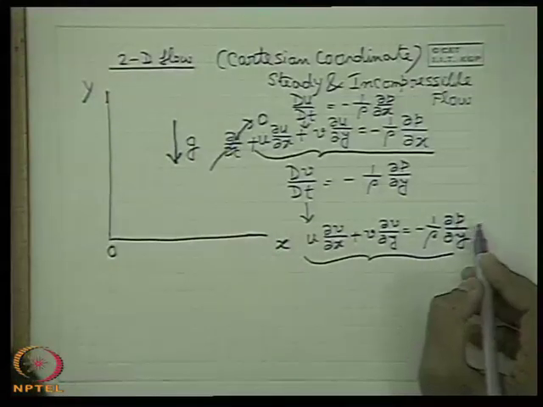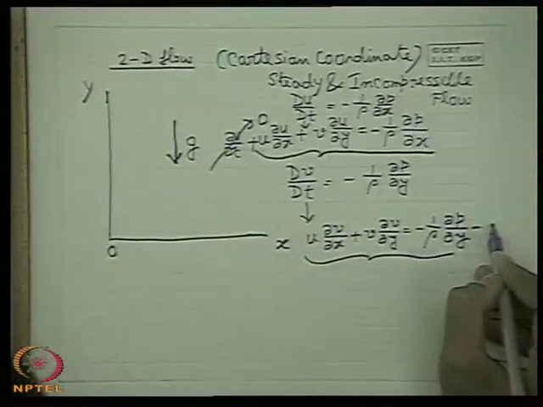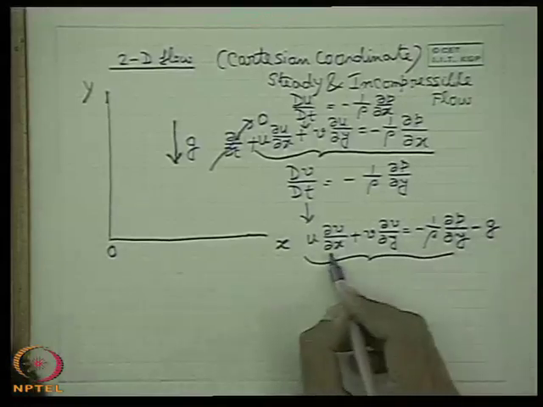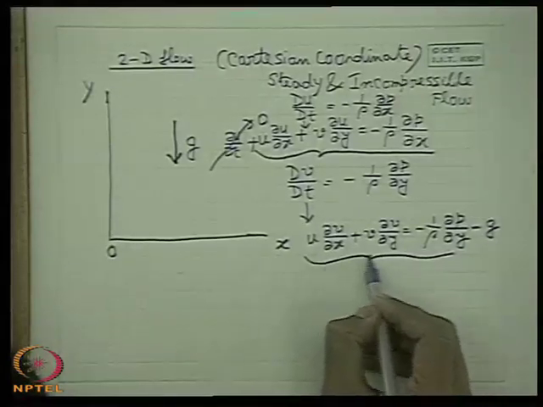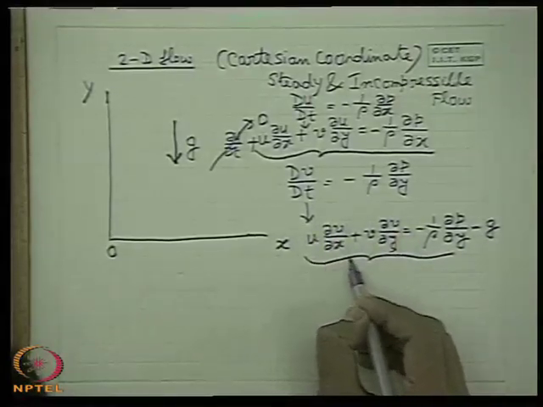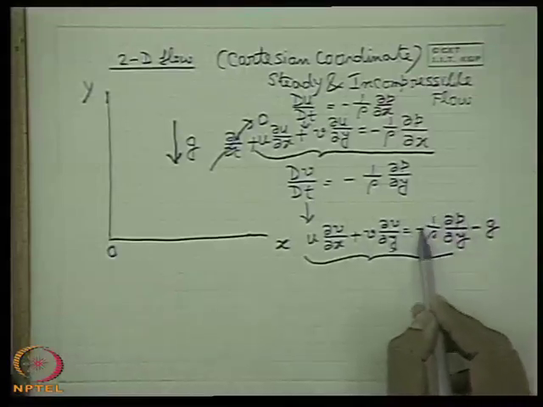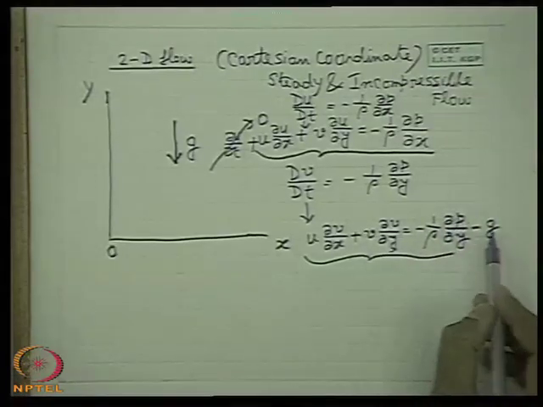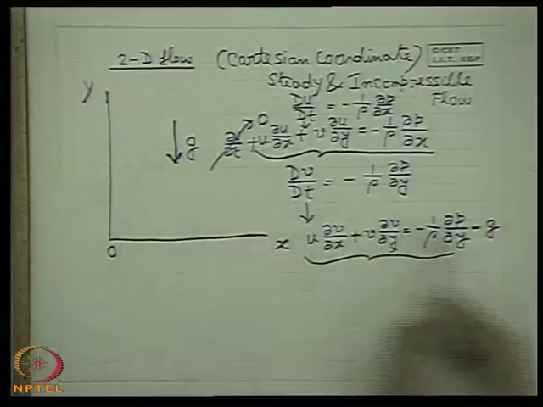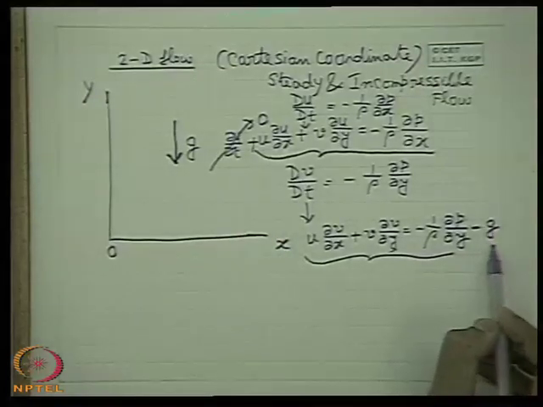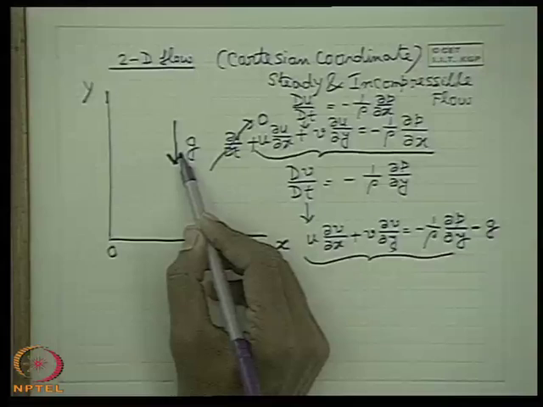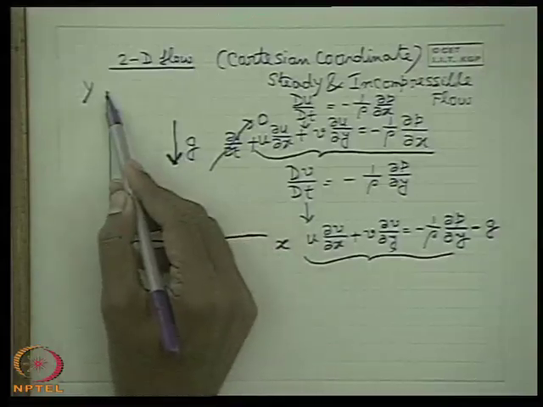So a body force term will come, which will be minus g here, because these are forces per unit mass. The left-hand term is the acceleration per unit mass, and the first term on the right-hand side is the pressure force per unit mass. So per unit mass the body force will be g, mg divided by m, and it is in the negative direction of the positive y axis.